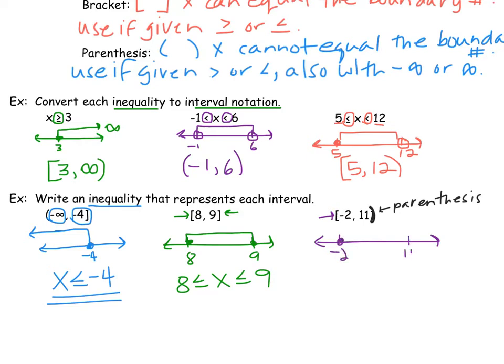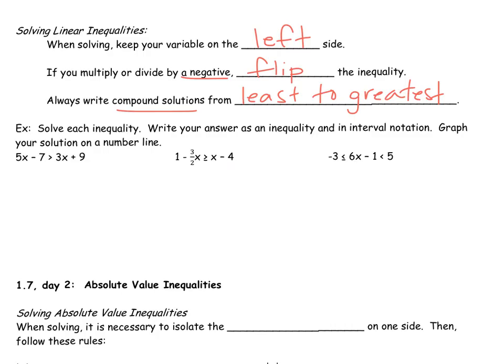Now with our modification on the right, the 11 would just be an open circle with that parenthesis, and x would be in between. To write as an inequality, it can equal the negative 2, but it has to be only less than 11 on the right. And that's just converting from one form of your answer to the other.